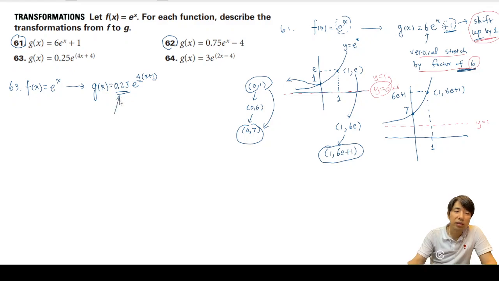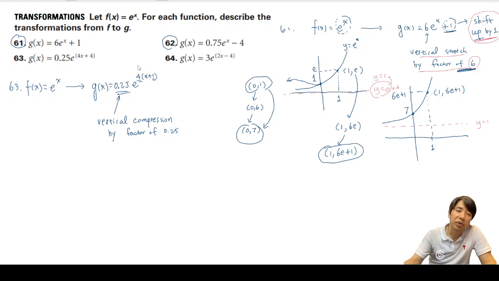Again, this number that is multiplied in front of the original function f of x, in this case, is less than 1. So that represents vertical compression. It's not stretch, okay? Vertical compression by a factor of 0.25.